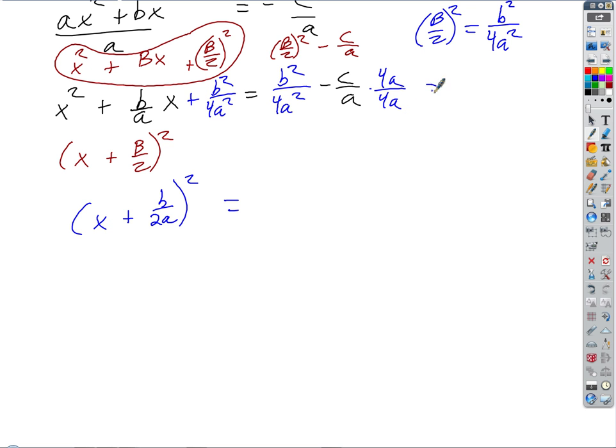So I've got my common denominator of 4A squared. And on the top, that's just going to give me B squared minus C times 4A, which we could call 4AC. We agree? Okay. So that's what we've got down here.